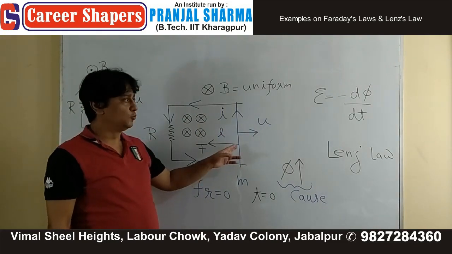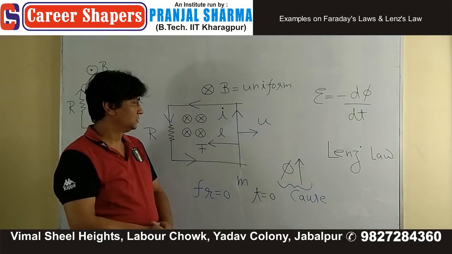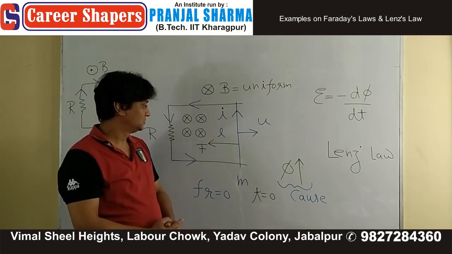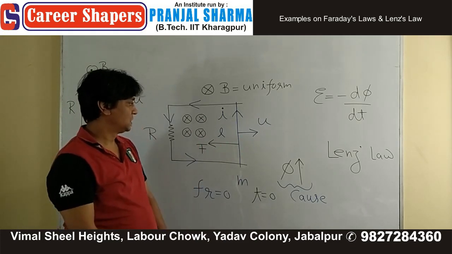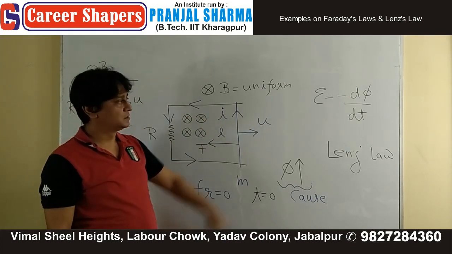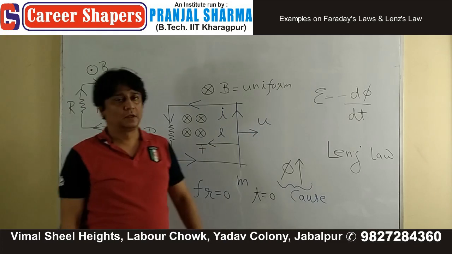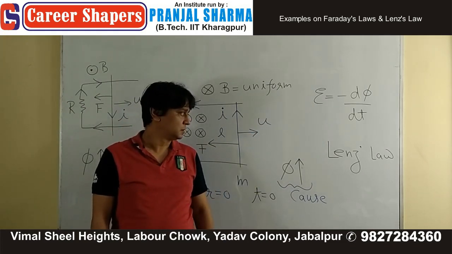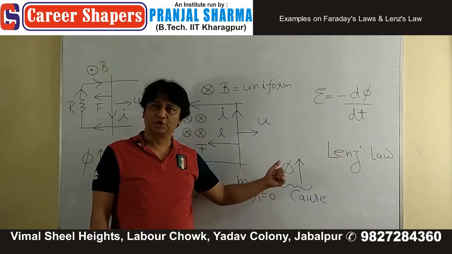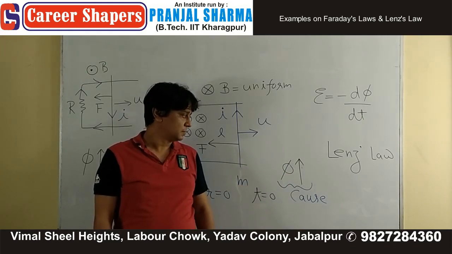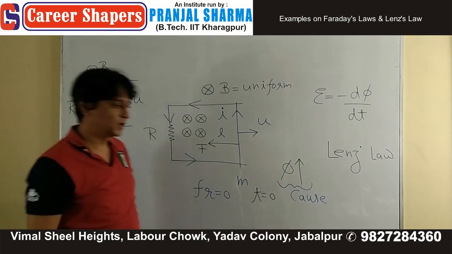As the rod moves to the right, area of the loop increases, which increases flux.